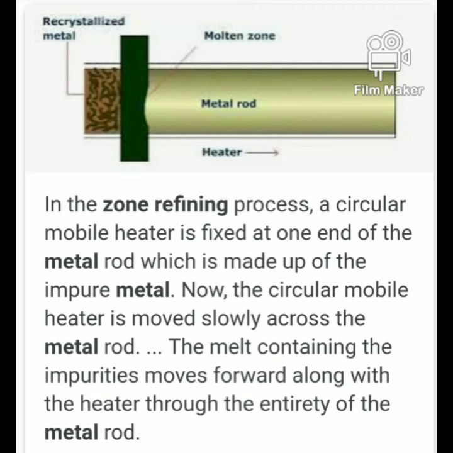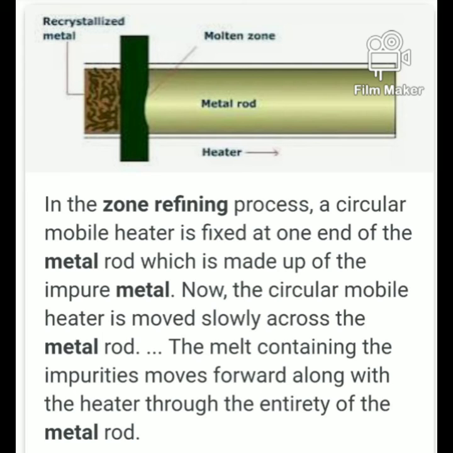In zone refining there is a metal rod that we want to purify, and for this we use a mobile heater. The heater is fixed at one end, and as we move the heater, the impurities also move along with it. Behind it only the pure metal is left, and that becomes solid.